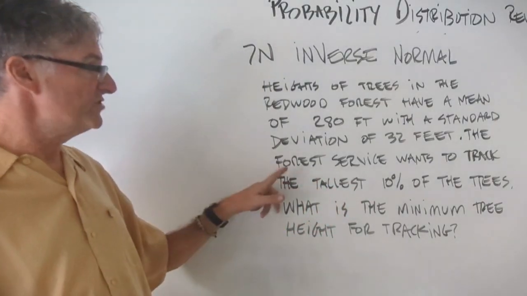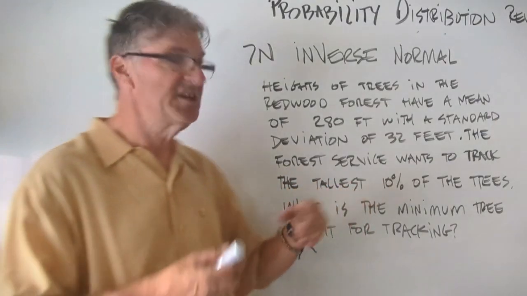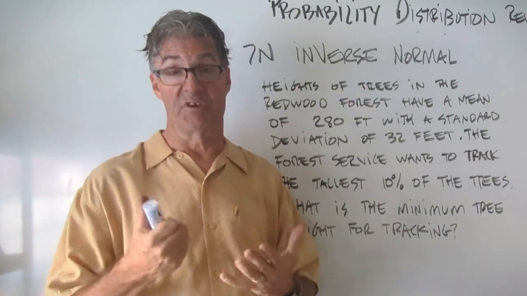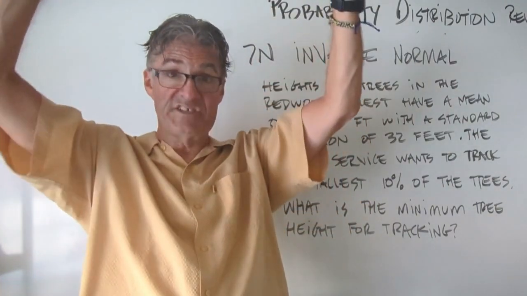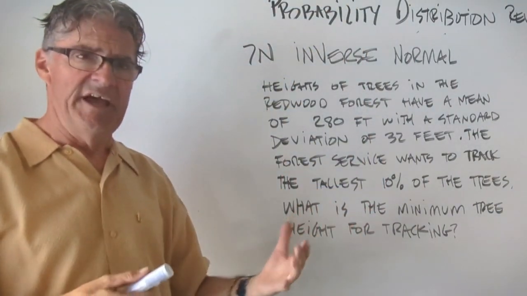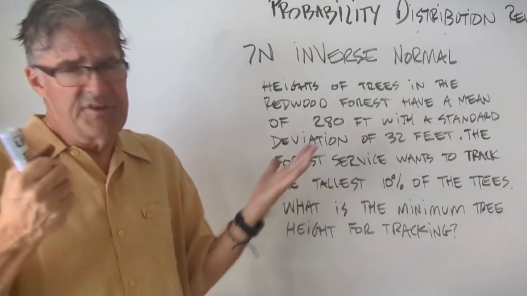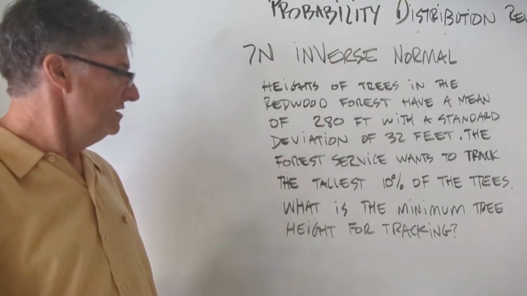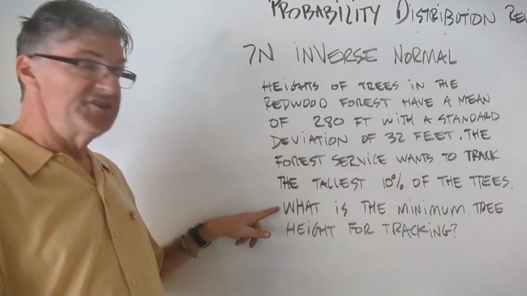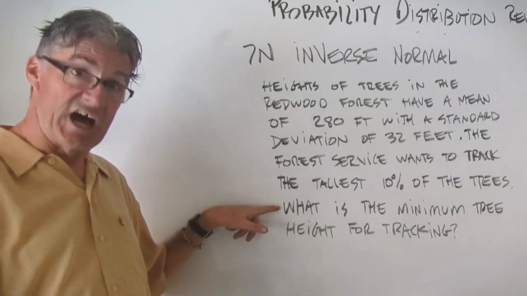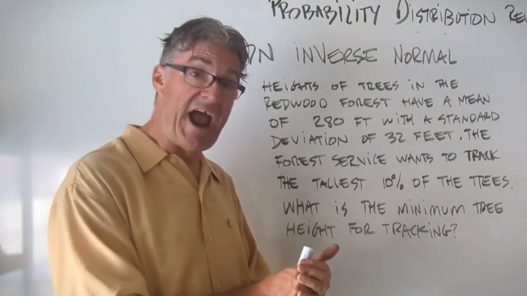So the Forest Service wants to track the tallest 10% of the trees. So they want the highest 10% of the trees, they're going to track them, and they're going to do their scientific thing with that. So what we need to know is what is the minimum tree height for them to track.